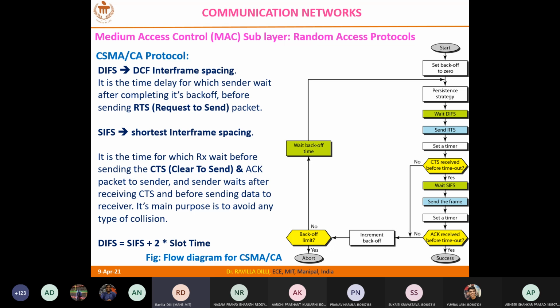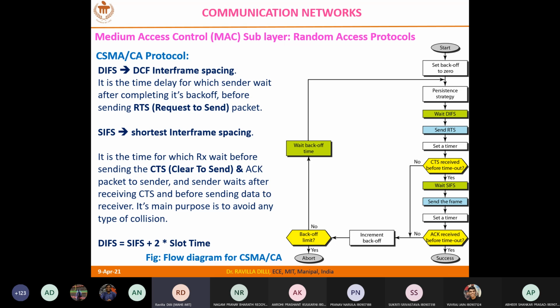So now coming back to the flow chart of CSMA, how it works. Let us start. Set back-off time to 0. Fine. Now you have to follow the CSMA. Here you can choose any persistent strategy, either p-persistent or 1-persistent or 0-persistent CSMA. So after that, you should wait for IFS time, that is called DIFS time. Okay.